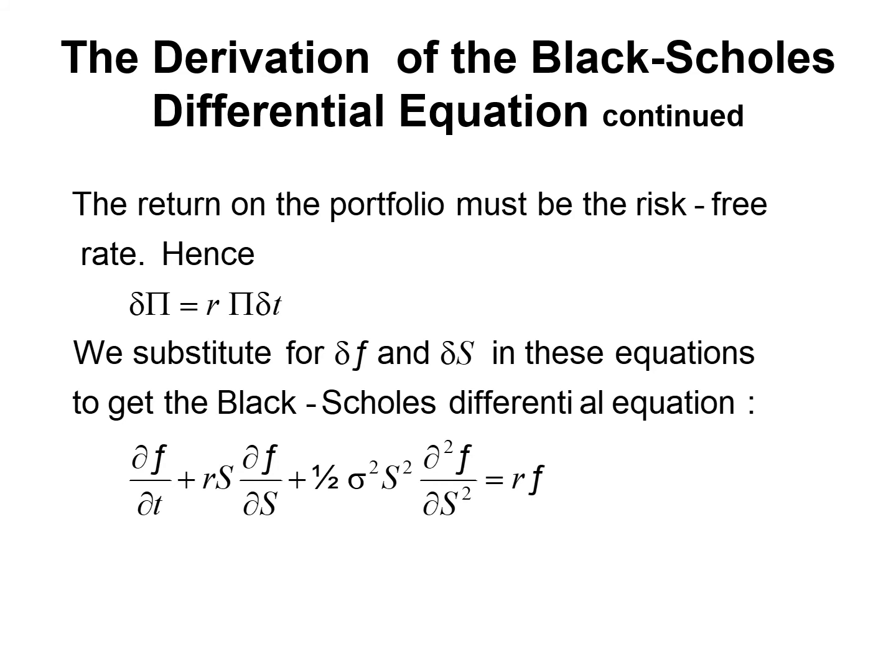We substitute for df and dS in these equations to get the Black-Scholes differential equation, the following equation. And what you can see is that the mu, the expected rate of return on stock, disappears, right? Yeah.